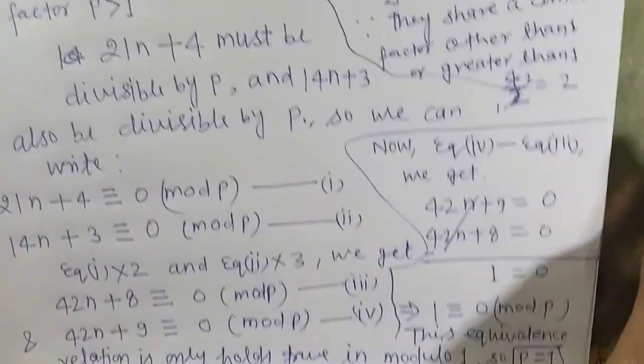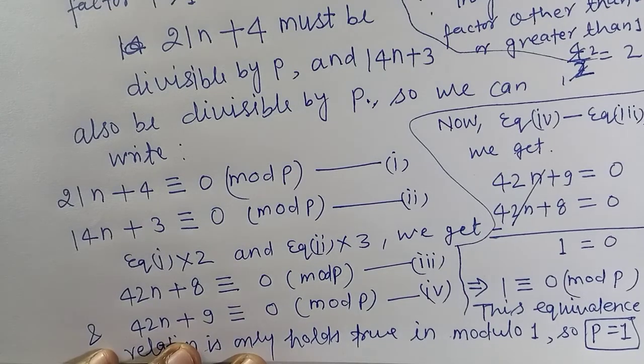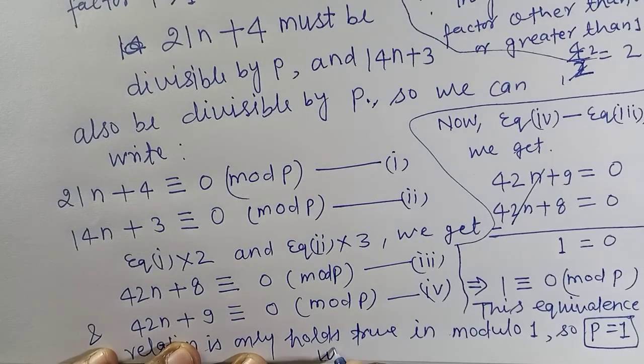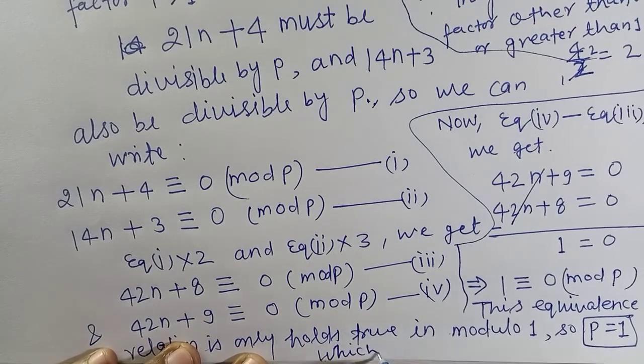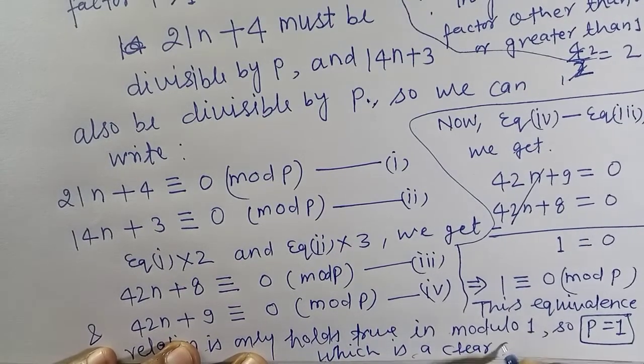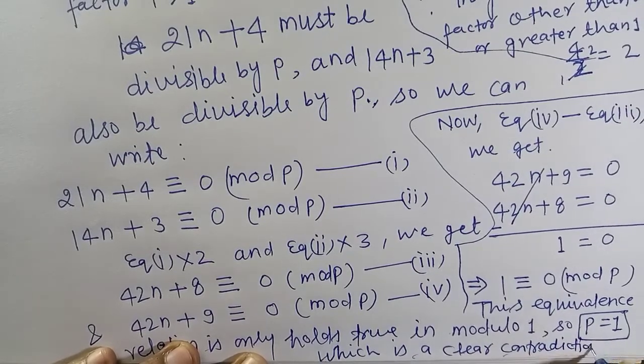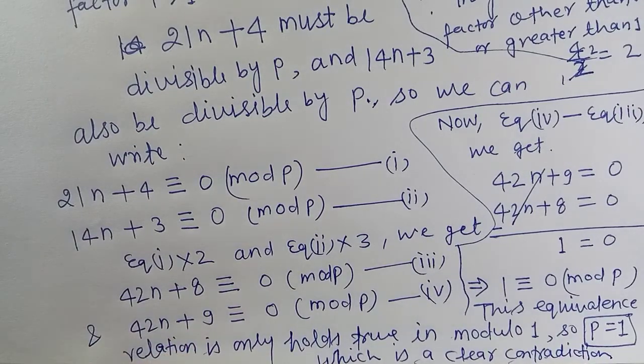But here we got p equal to 1, which is a clear contradiction. And we are done.